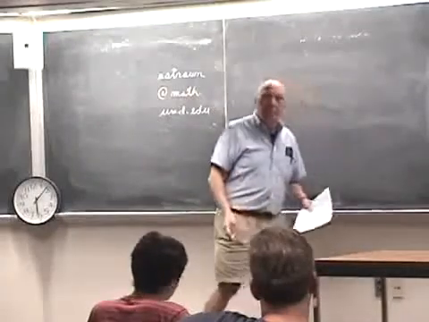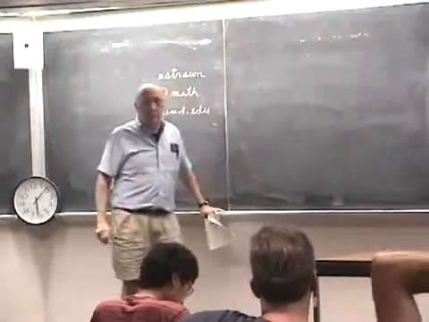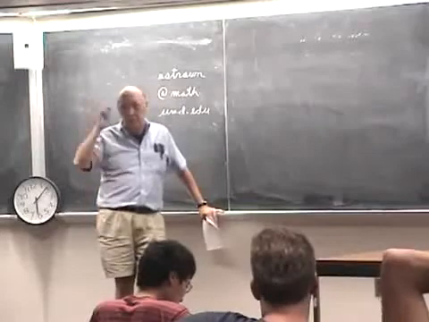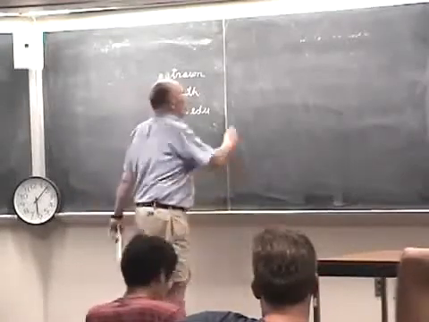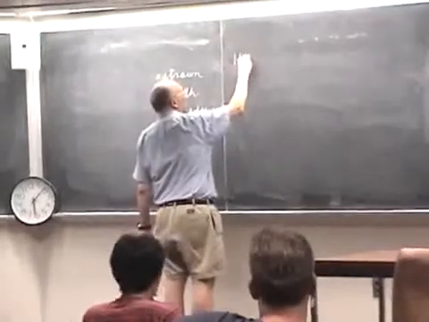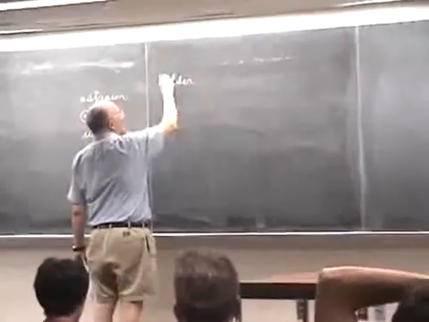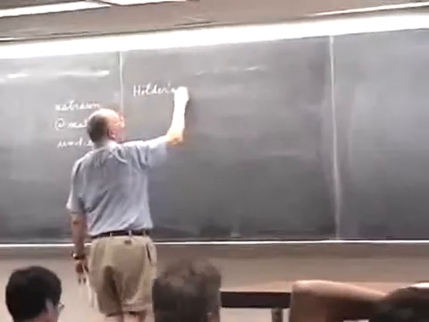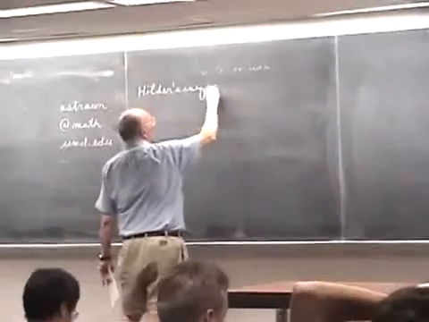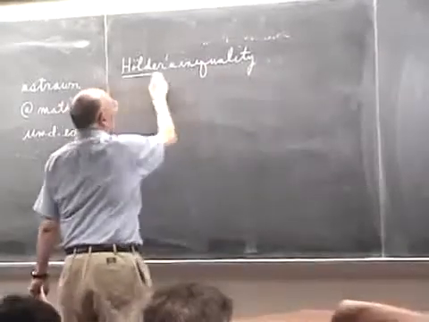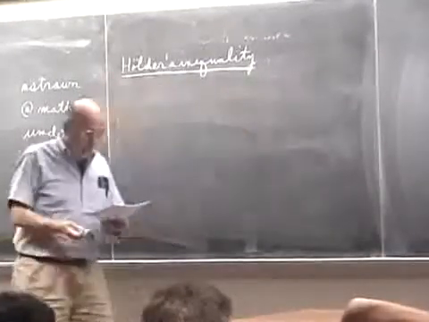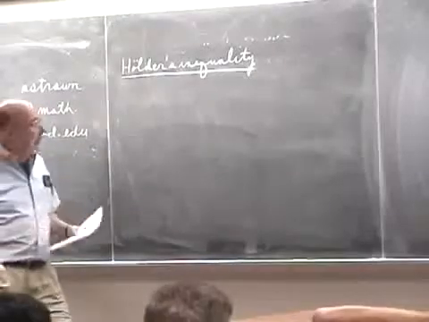Okay, so let me begin by stating two inequalities, which are very, very useful, that we'll use all the time in this course. And one of them is called Hölder's inequality. And it says the following.